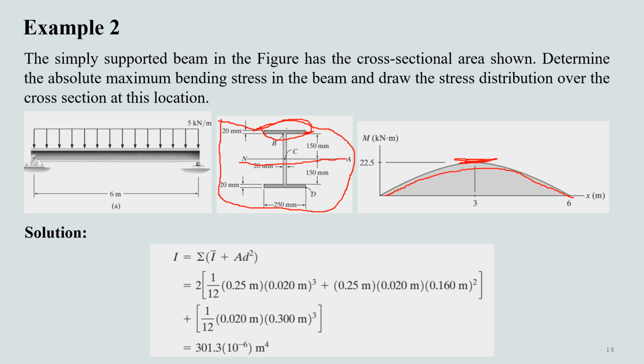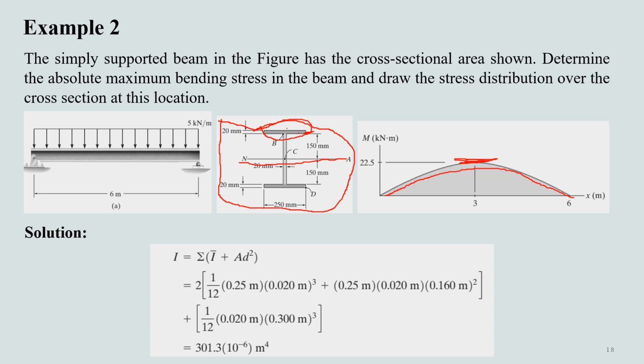So 150 mm is from the bottom of this flange to the centroid, plus 10 mm. 10 mm indicates the location of the centroid for this rectangle, and thus we have our total distance d, which is equal to 160 mm.